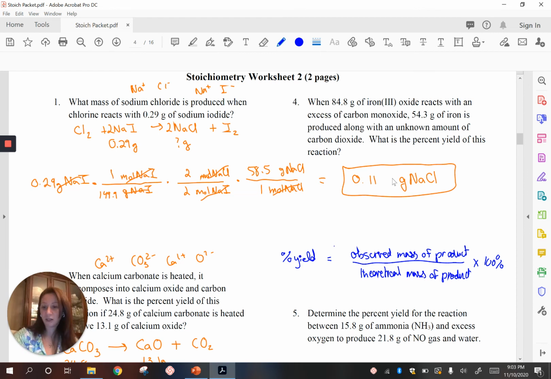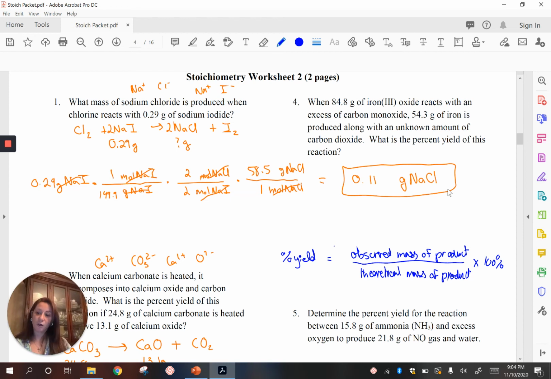So in theory, if everything goes well, if we live in a perfect world, a utopia, no sources of error whatsoever, and I use up all my 0.29 grams of NaI, I should end up with 0.11 grams of NaCl. So this is a theoretical calculated value. If everything went great, all reactions went to completion, no sources of error whatsoever.